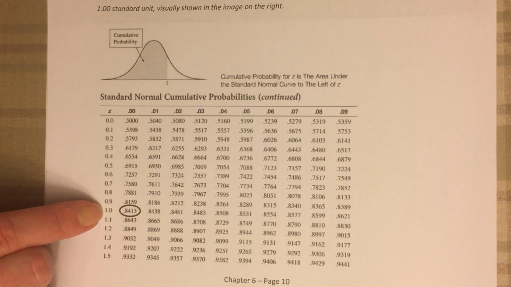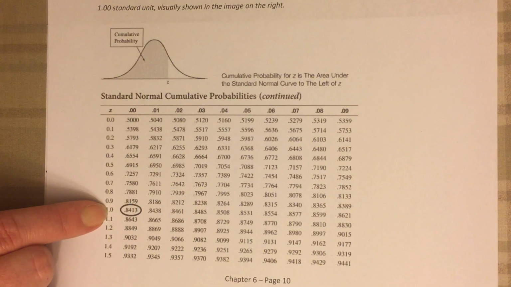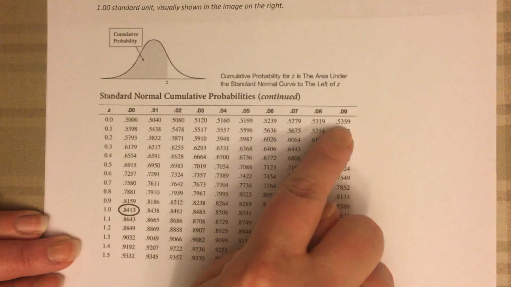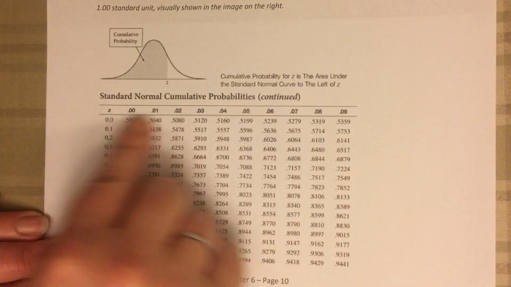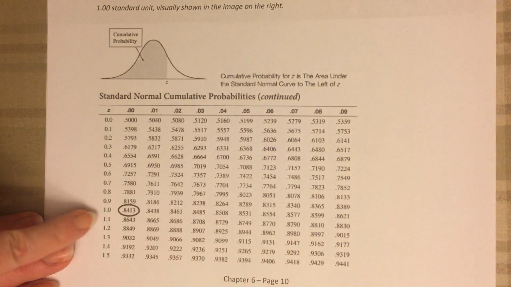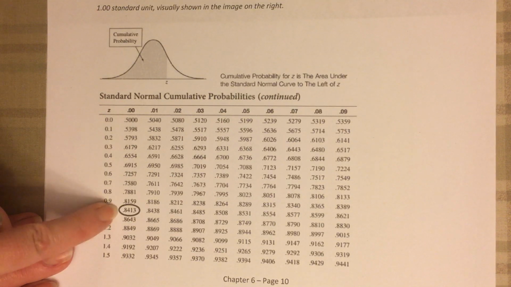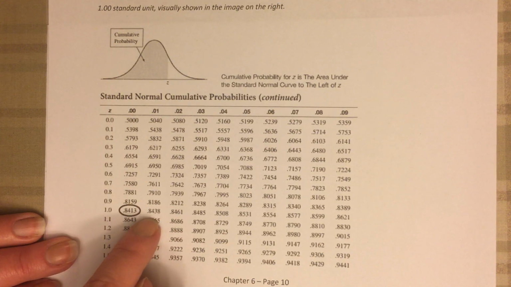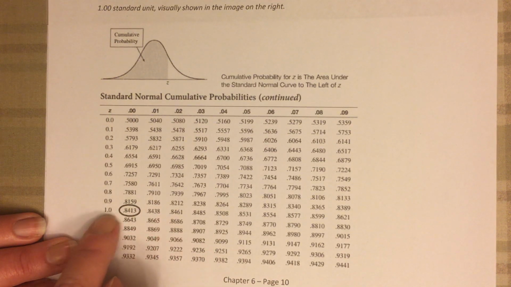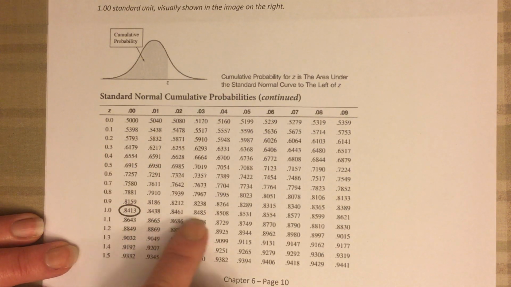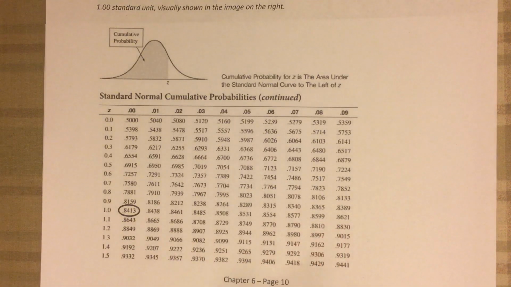That always gives us the whole number and the first decimal. Then if we look along the top, notice that the first decimal is always 0, so we don't care about that part; we just care about the part in the hundredths place. So this circled number, 0.8413, is 1.00. The number to the right, 0.8438, is 1.01. The next one would be 1.02, and so on.